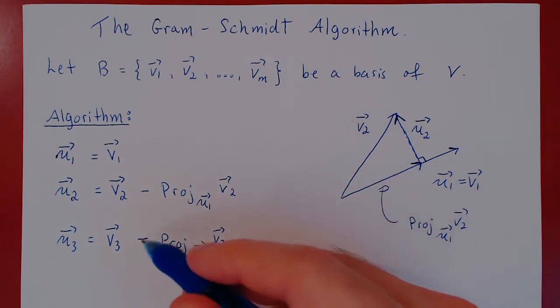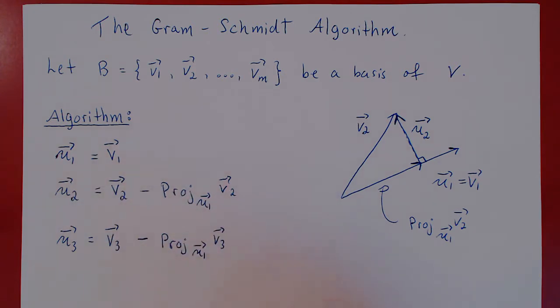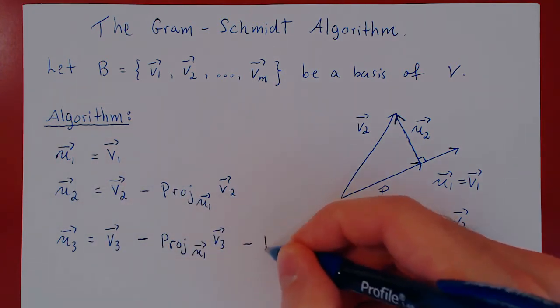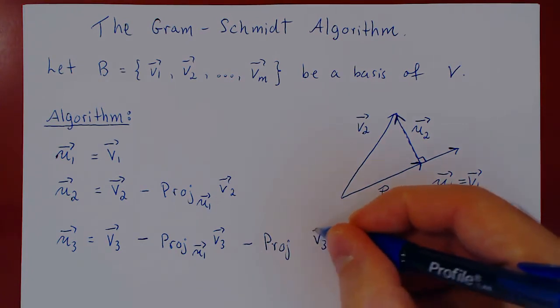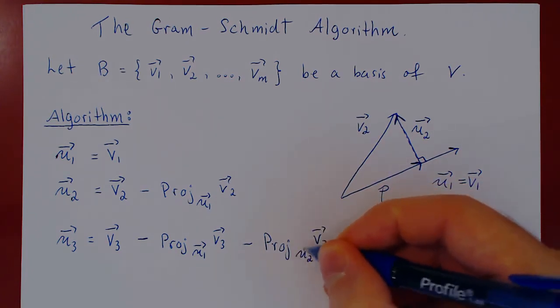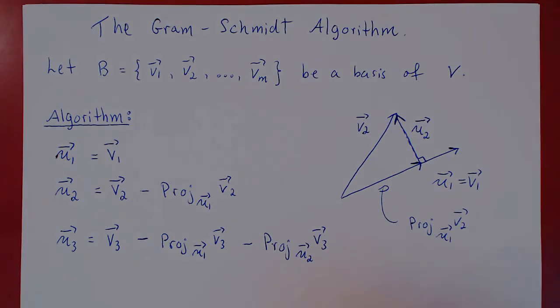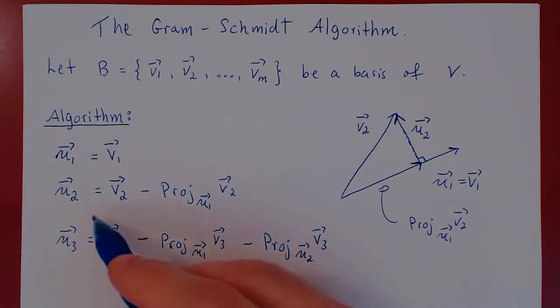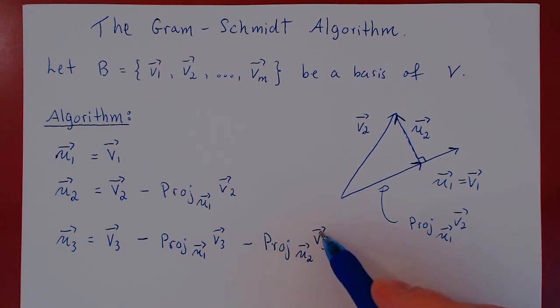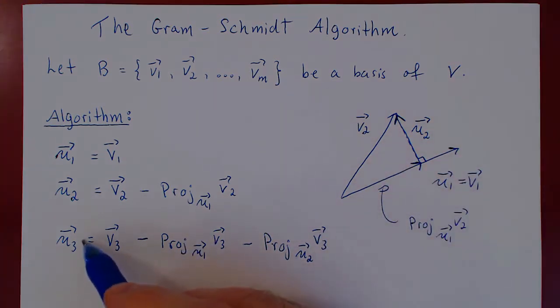And also remove the component of v3 along u2, and that is again the projection of vector v3 along vector u2. So by removing the components of v3 that are along u1 and u2, you can easily check with the same argument that the vector u3 will be perpendicular to u1 and u2.